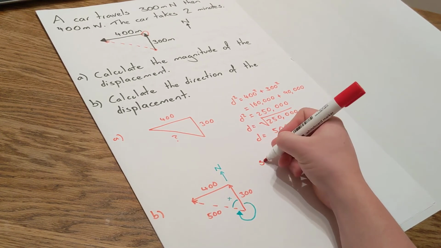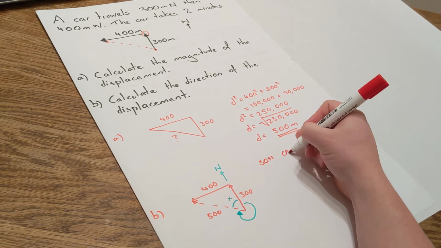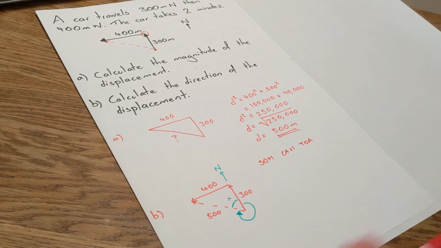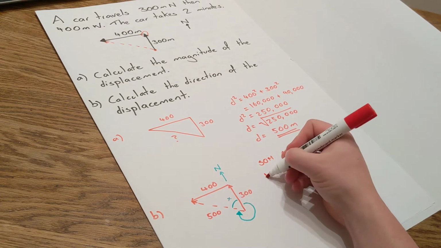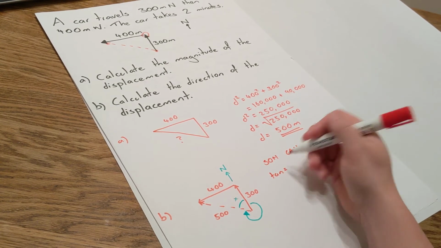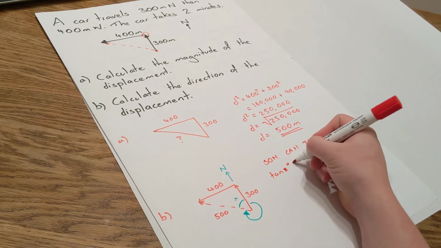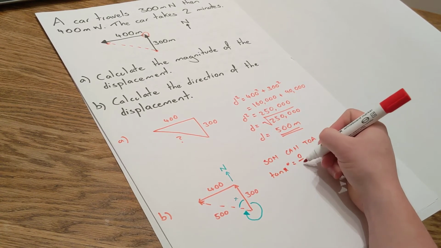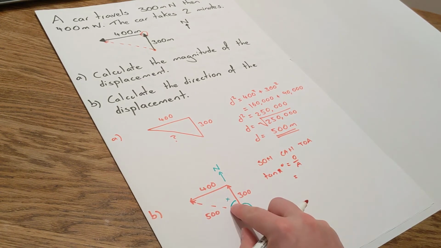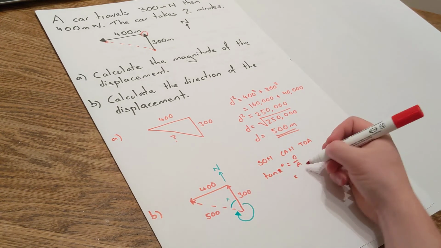So if this is our angle, if we write out SOHCAHTOA, so we remember what they are, tan of x is equal to the opposite over the adjacent. So if this is my angle, the side opposite it is 400.